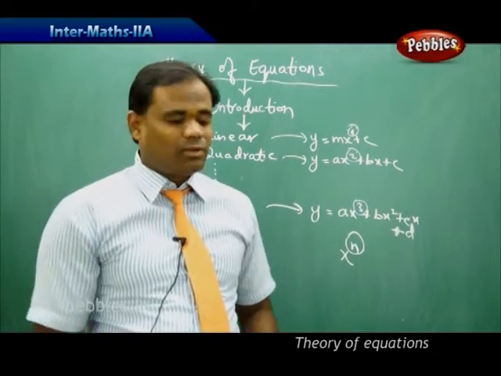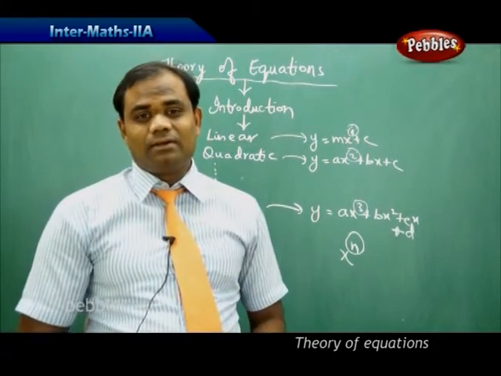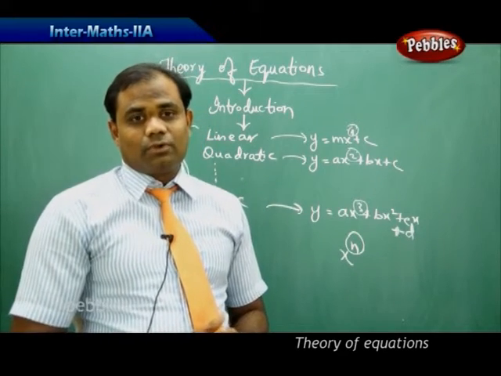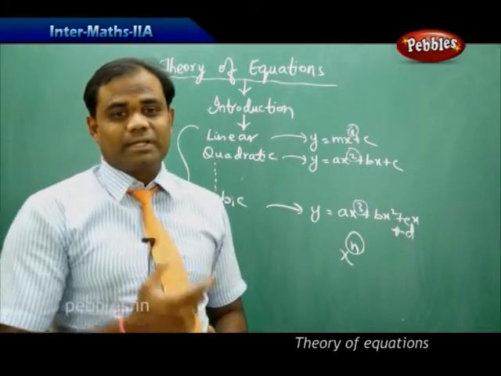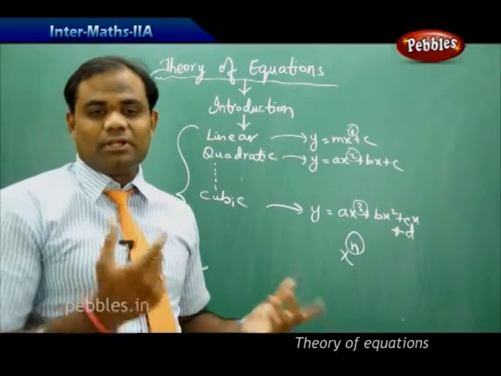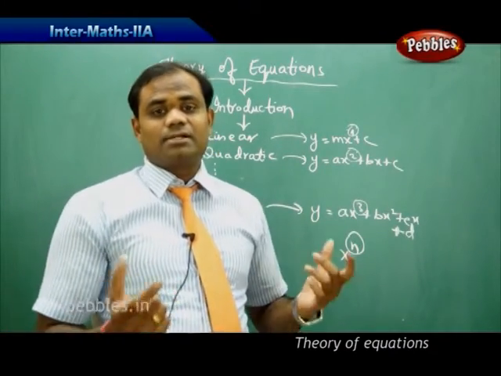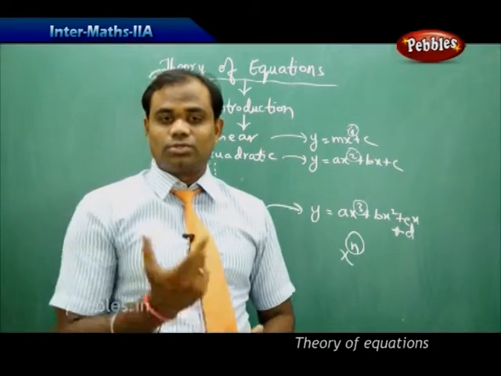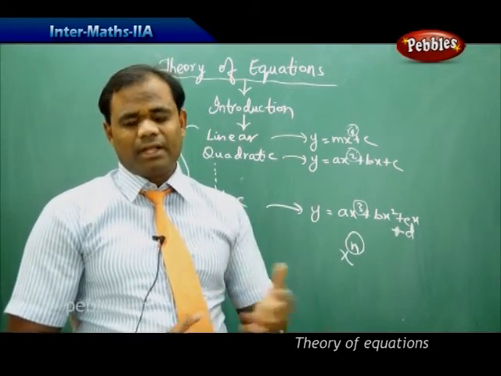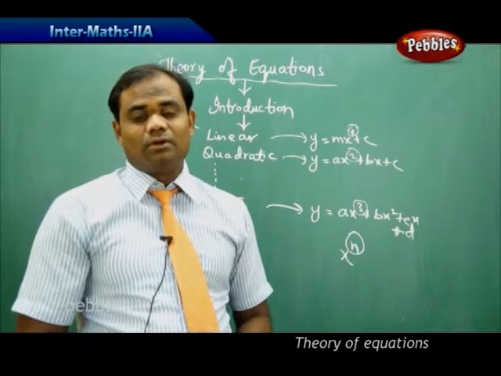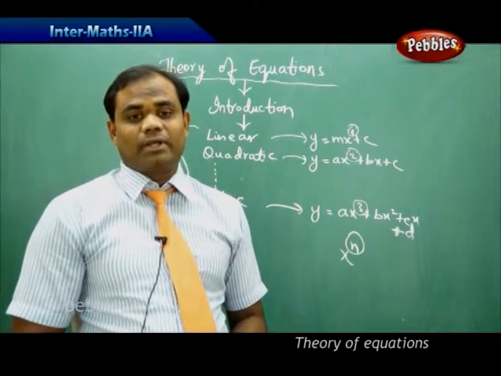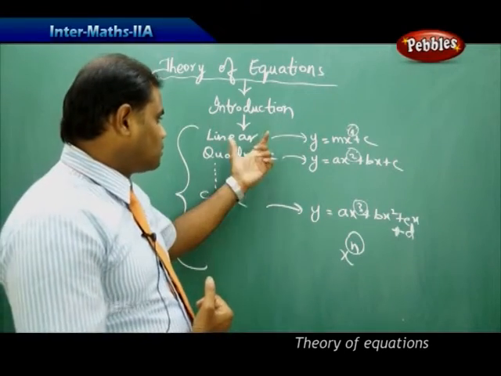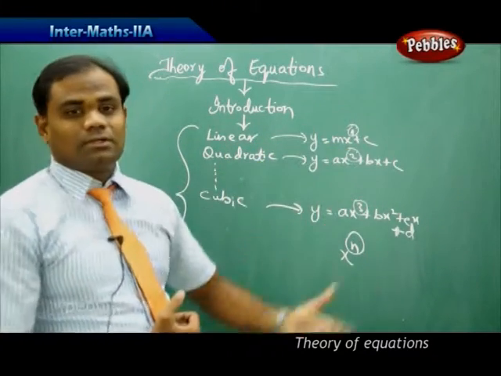It may be any equation whose power is n, or x power 100, x power 1000, but for any equation we examine the properties, we examine the roots, we find various other properties. As we have found in quadratic equations, there are two roots, the roots being real and equal, real and unequal, or imaginary or complex. These are the different properties which we have identified in the nature of roots of different equations.